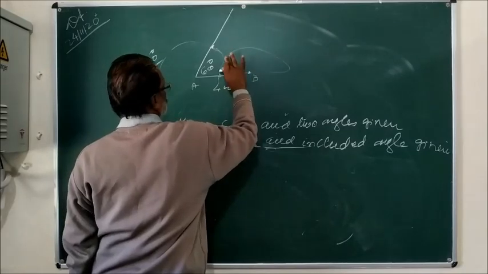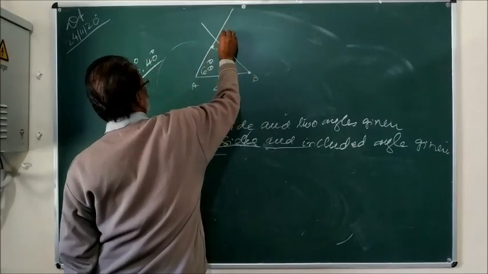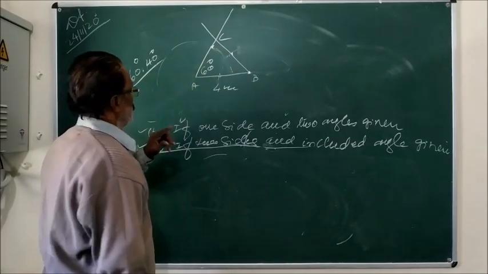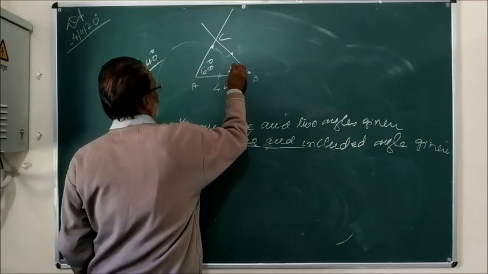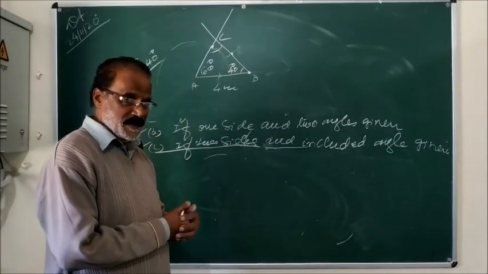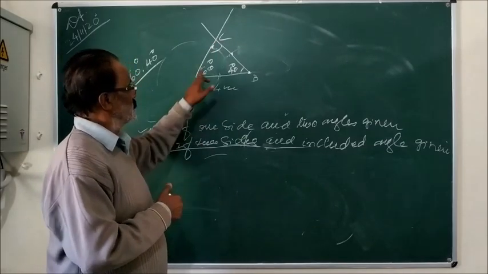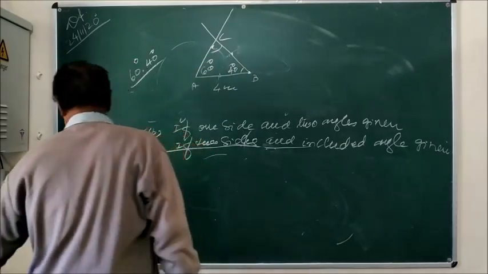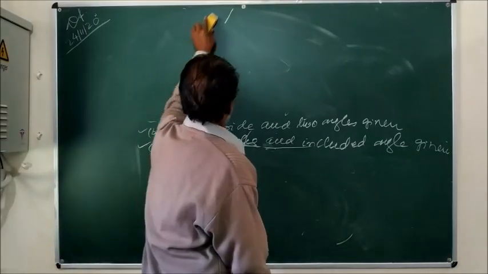This will be 40. Remove the protractor and join these two points. The lines will cut at a point, suppose C. ABC is the triangle. If asked what the value of angle C is, you can tell: the sum of the three angles is 180, these two sum to 100, so this will be 80. This is the method to draw a triangle if one side and two angles are given.